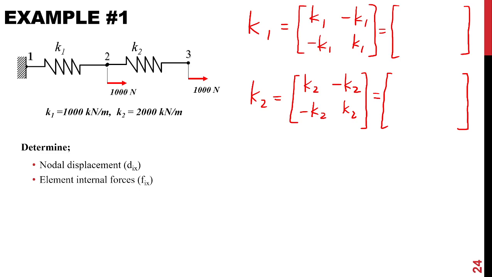Dia dah bagi dah tu, K1 dia berapa tu. Seribu. 1000, negatif 1000, negatif 1000, 1000. Teruskan.